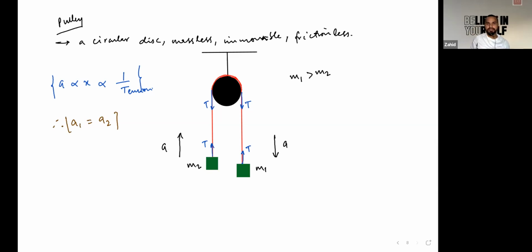Now we have to calculate the acceleration of this particular system. For this, just use FBD.